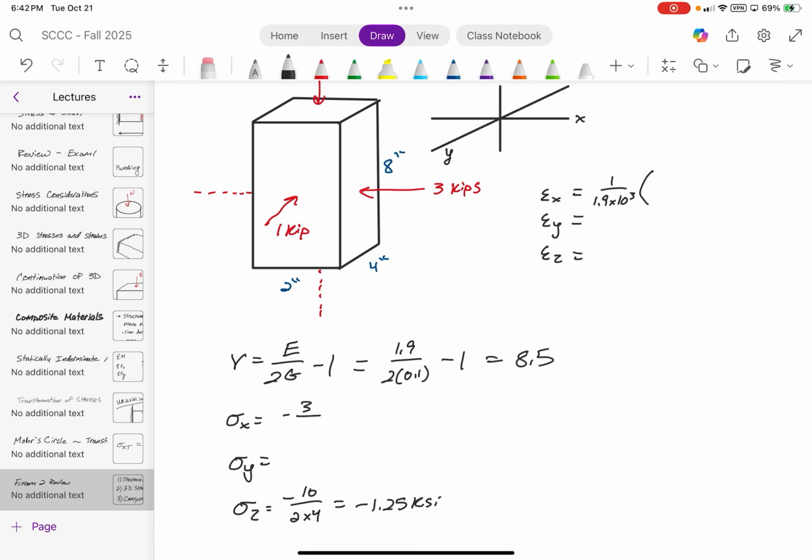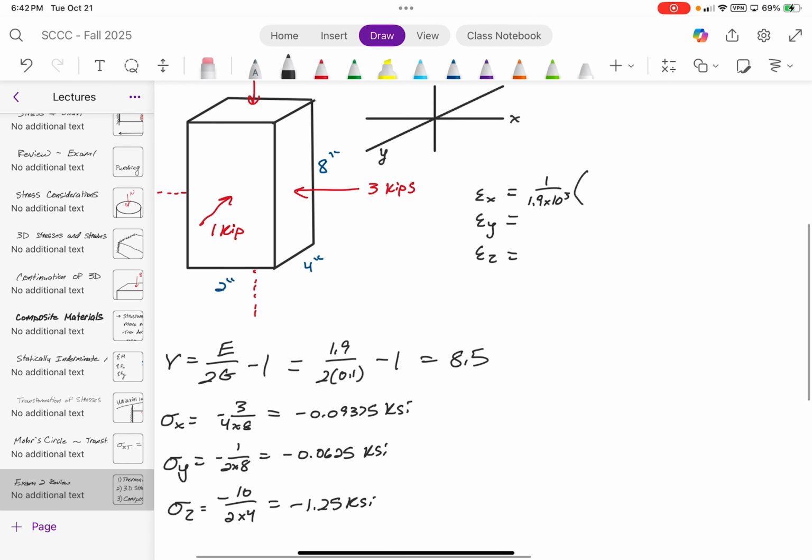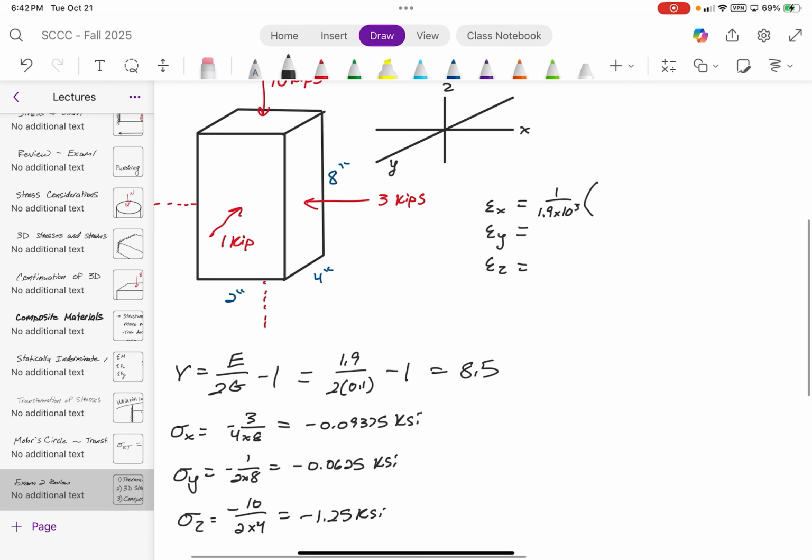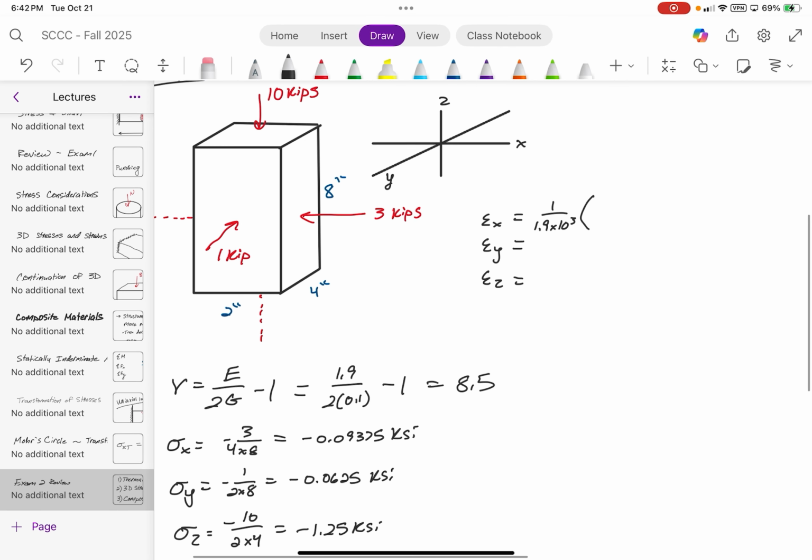So sigma x is going to be negative 3 divided by 4 times 8. Then negative 1 divided by 2 times 8. And then this is negative 0.06. Okay, I guess it's not too bad then.